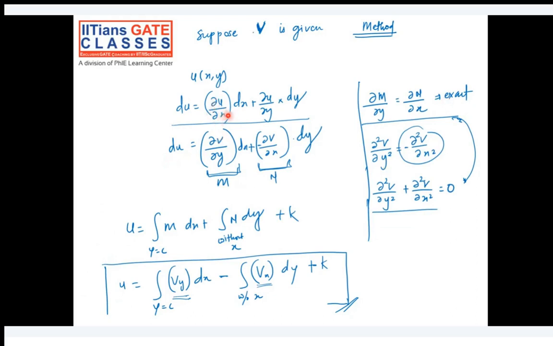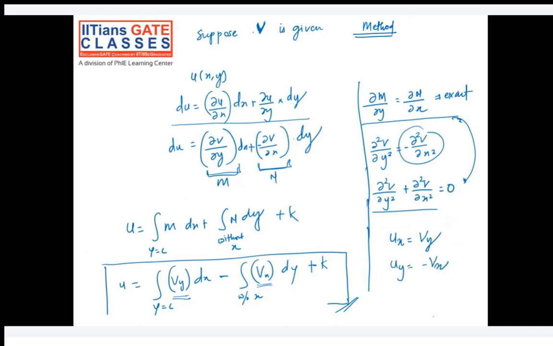If you remember the criteria for analyticity, what was the criteria? Differentiation of u with respect to x is equal to differentiation of v with respect to y, and differentiation of u with respect to y is equal to minus differentiation of v with respect to x. This is what we have studied. This is the criteria for analyticity, the Cauchy-Riemann equations.